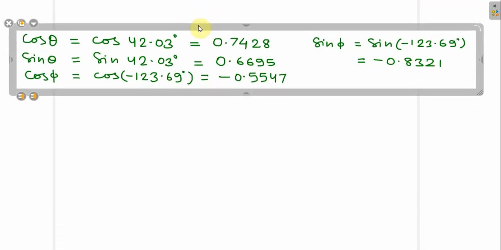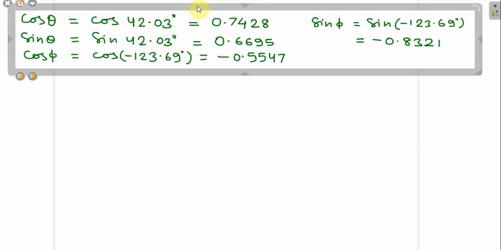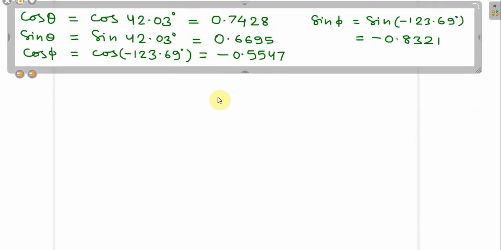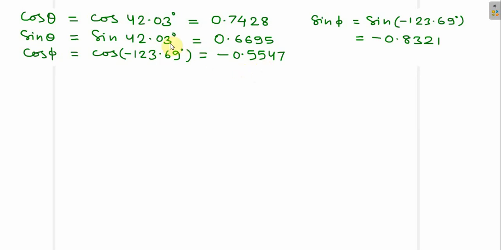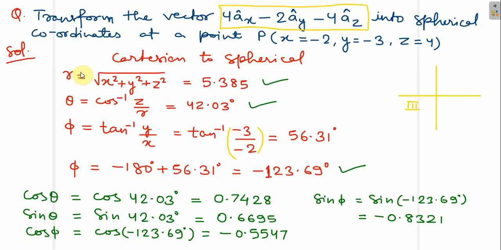So we have recalled these formulas here. Okay, and now we will solve the numerical further. So now see the components of the vector. This vector is given, if I go back, as 4ax minus 2ay minus 4az.